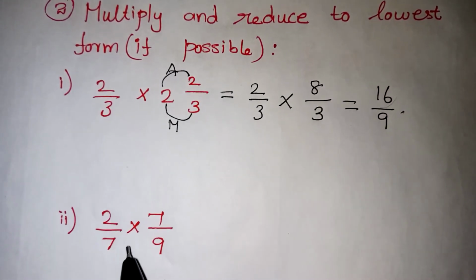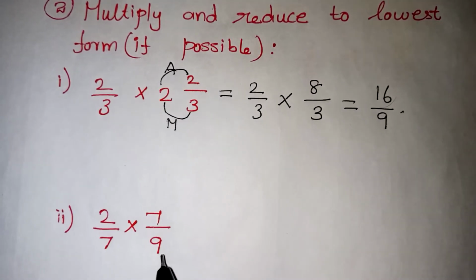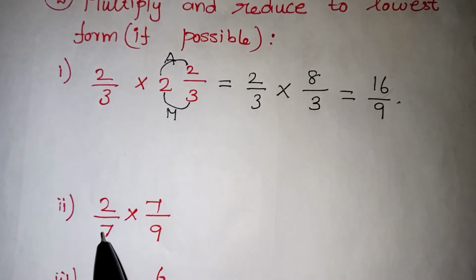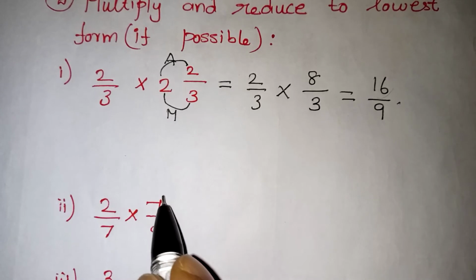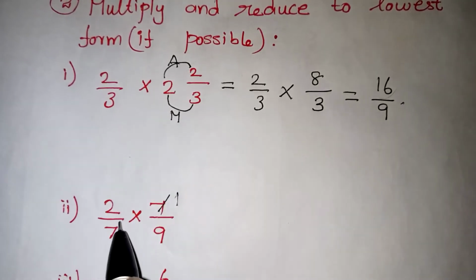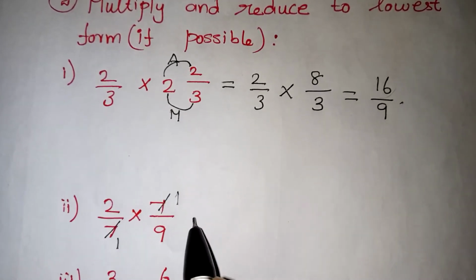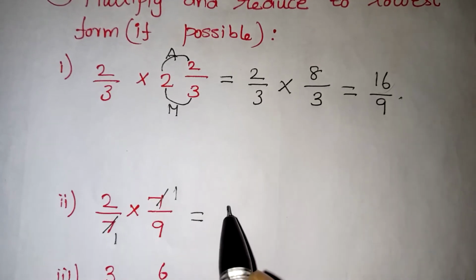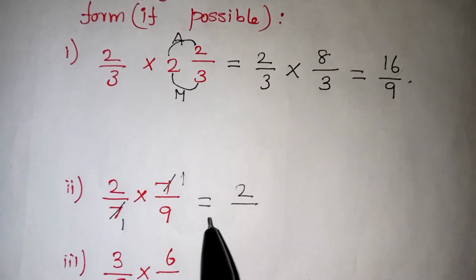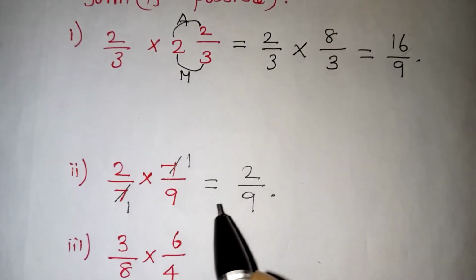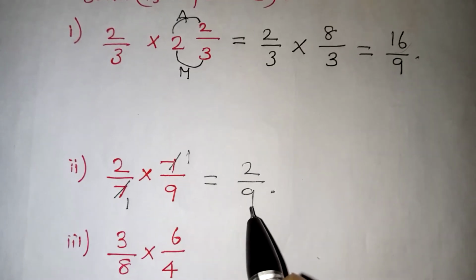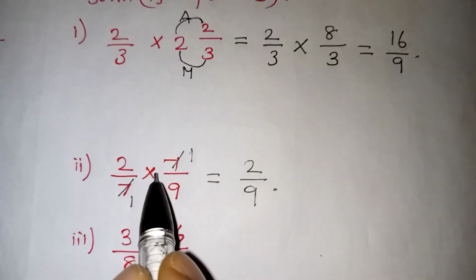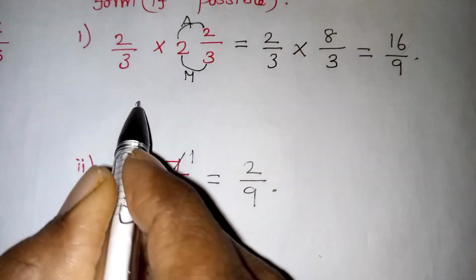2 by 7 into 7 by 9. So here 7 is common. We can cancel. This is 7 ones are 7, this is 7 ones are 7. So the remaining 2 ones are 2 and 1 nines are 9, we have to write. So here we simplified and we multiplied. Suppose you want to multiply directly, I am saying one more way also here.